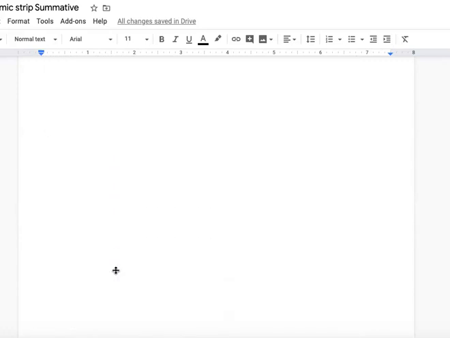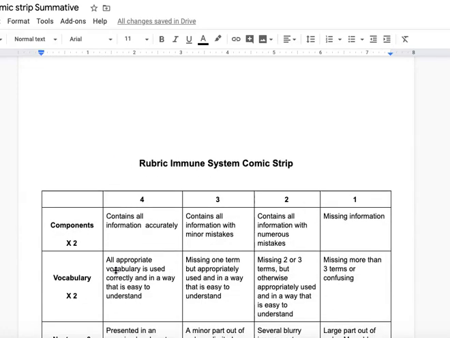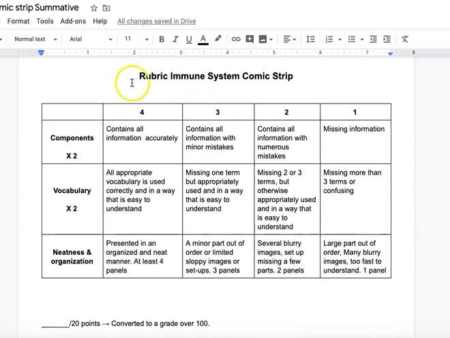Okay, so before I go into what I just passed, let me show you what your rubric is. So when it says times 2, it means that these 4 points will be multiplied times 2. So in total, this could give you 8 points, this could give you 8 points, 16, and this could give you 4 points. So components: all of the information is accurate and it shows vocabulary.